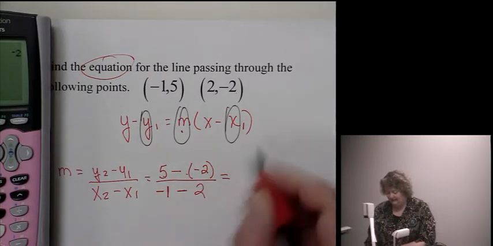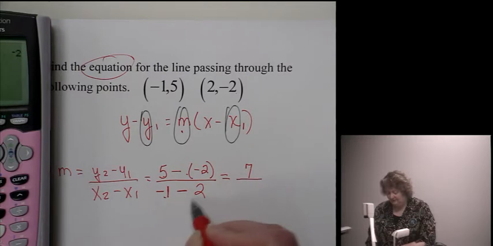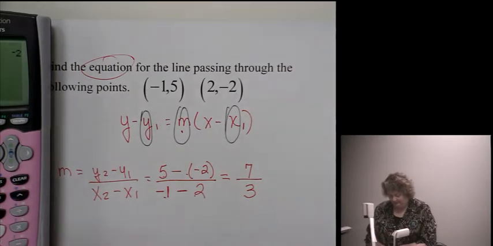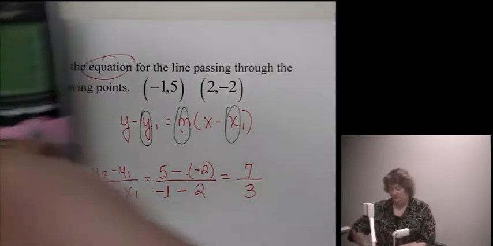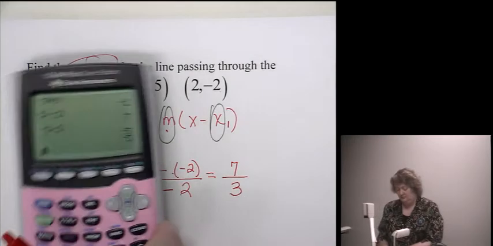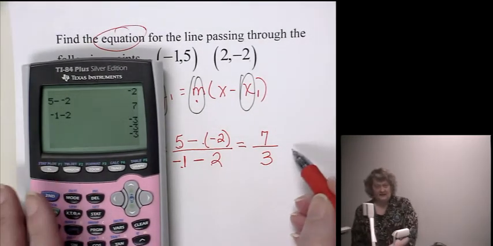Five minus a negative 2 is 7. Negative 2 minus 1 is 3. Show you that I'm checking my answers there. And so my slope is 7/3.